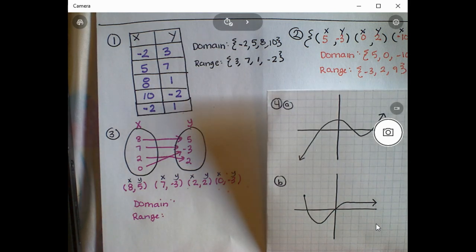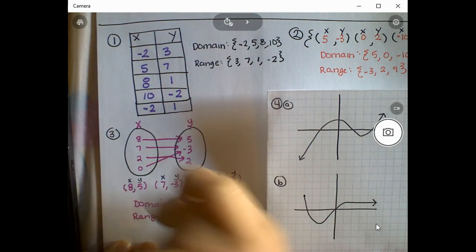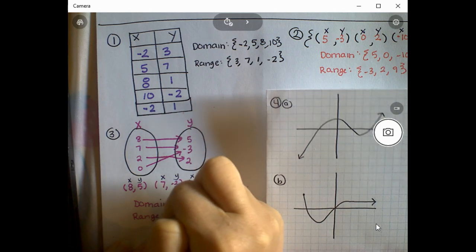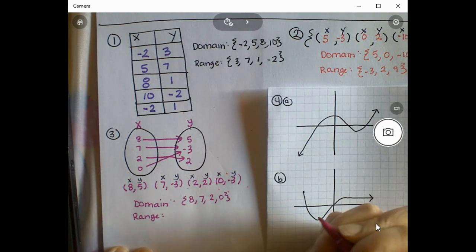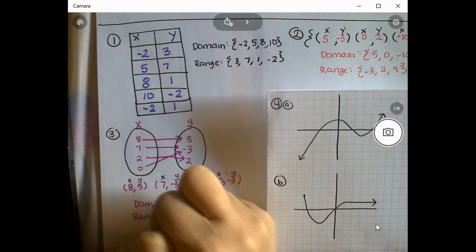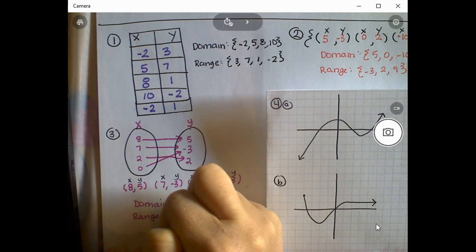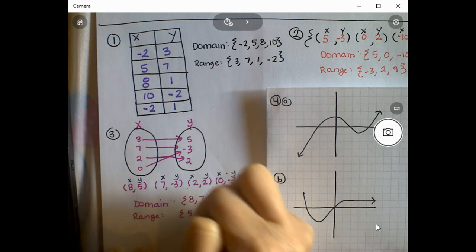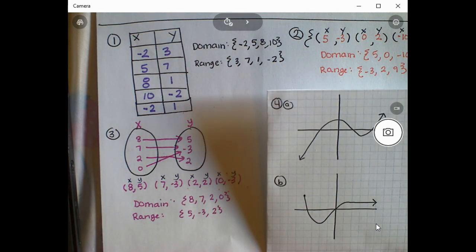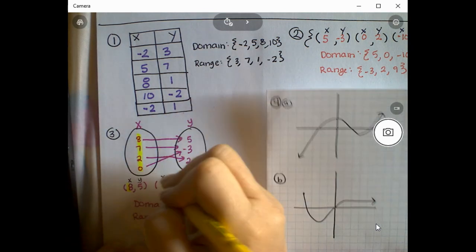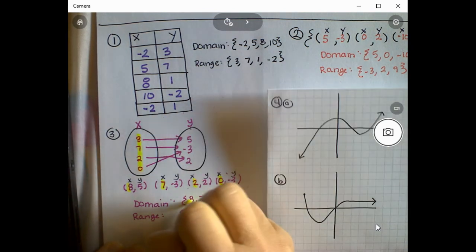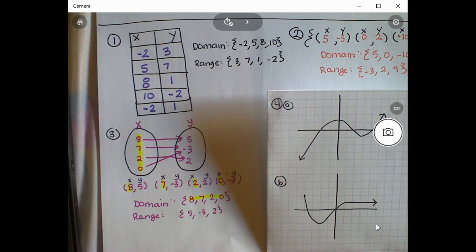So the domain, you can literally take it from up here, is 8, 7, 2, 0. The range are the y's right here, 5, -3, 2. And for those of you that like color coding, the domain and the range.